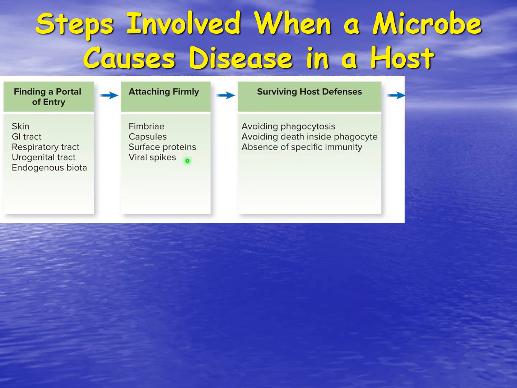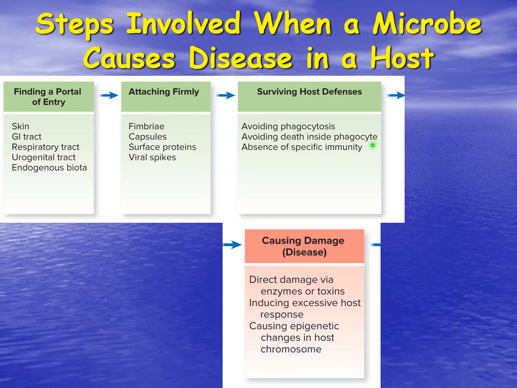Then, if they can survive the host defenses, so they have to figure out ways to avoid phagocytosis. They have to avoid death inside the phagocyte if they are phagocytized, and how to avoid the immune system response. And if they do this, they then become established and begin to reproduce, and this is when they then cause a disease.